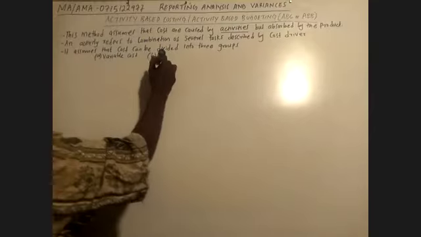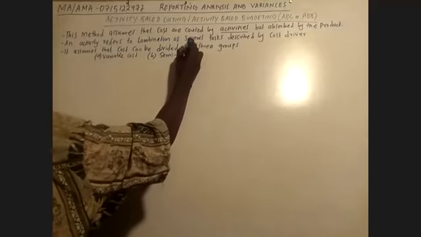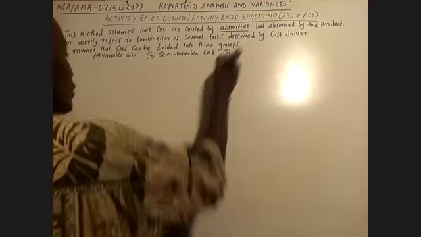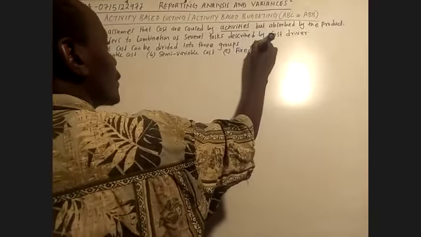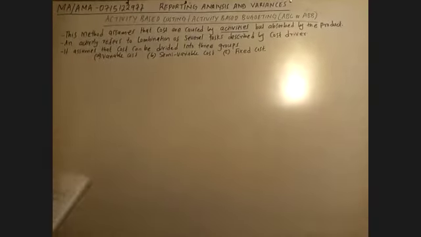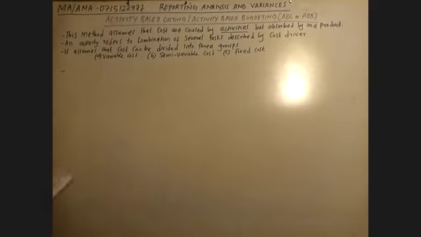Number 2, semi-variable cost. Number 3, fixed cost. So it assumes that cost can be divided into variable cost, semi-variable cost, and fixed cost.